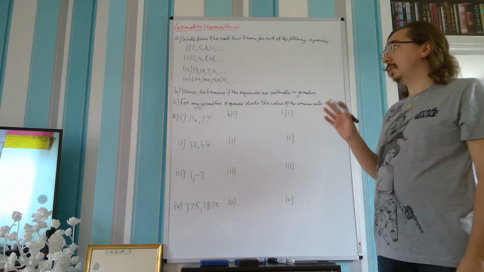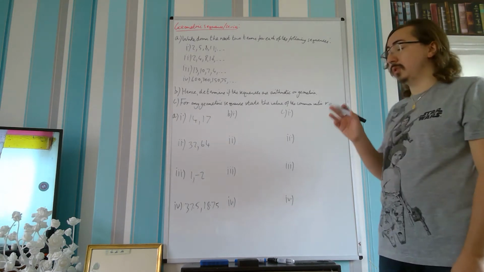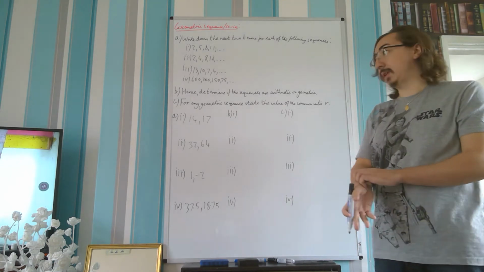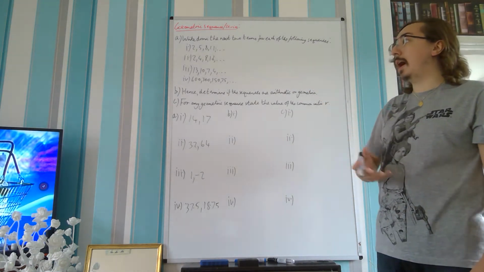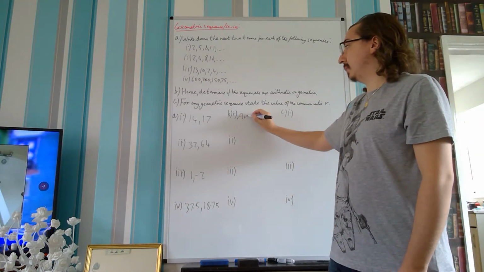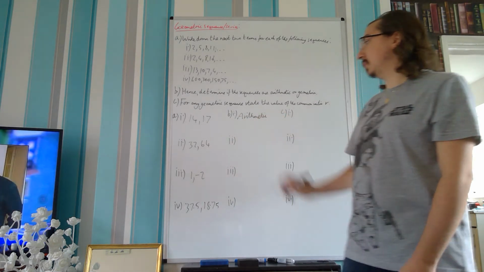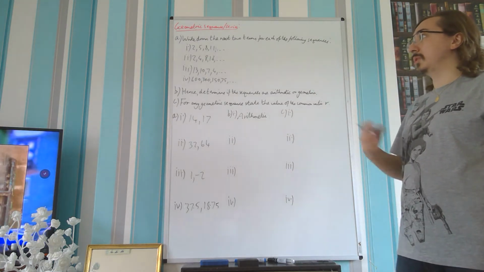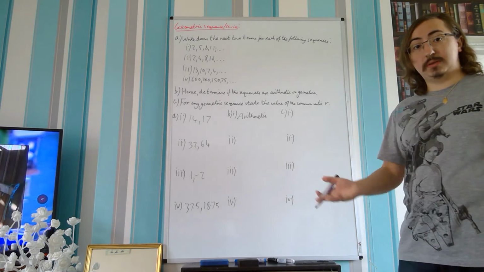Part B says to determine if the sequences are arithmetic or geometric. So that comes back to our definition of the type of sequences. For our first sequence, because we are adding each time, that makes this an arithmetic sequence. For the second sequence, we're going 2 times 2 is 4, times 2 is 8, times 2 is 16, and so on.